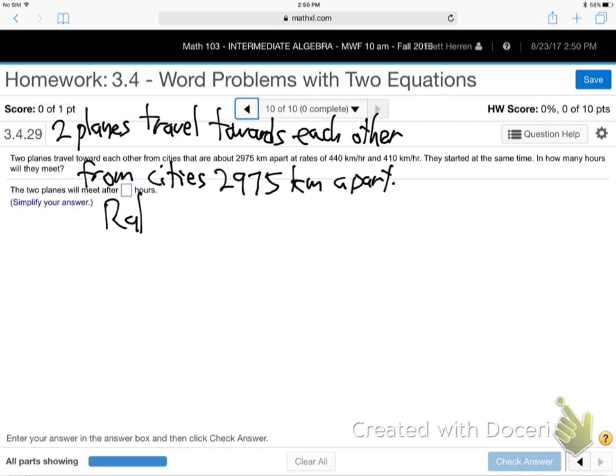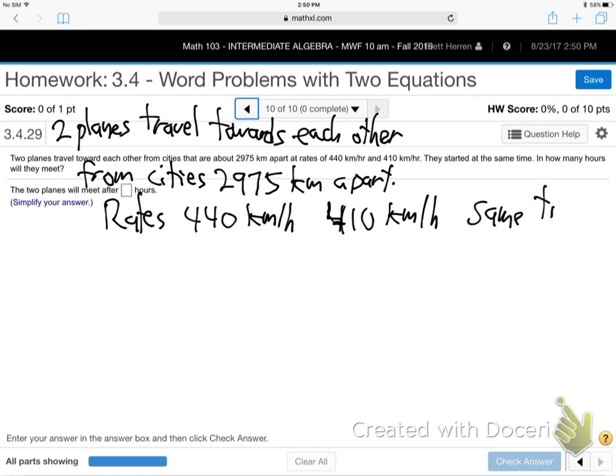The rates are 440 kilometers per hour and 410 kilometers per hour, same time. So this is very, very similar. Give it a try. It's almost exactly the same.